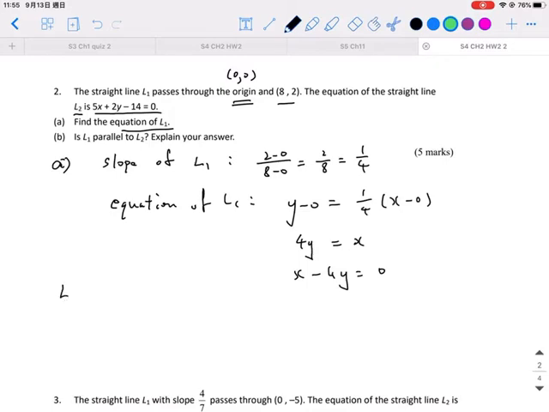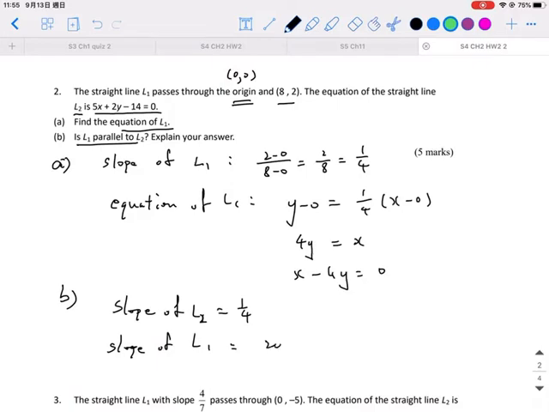So for part B, is L1 parallel to L2? That means their slopes are the same. So the slope of L1 equals 1 over 4. Okay, the slope of L1 is 1 over 4, and for L2, I changed it to slope-intercept form.